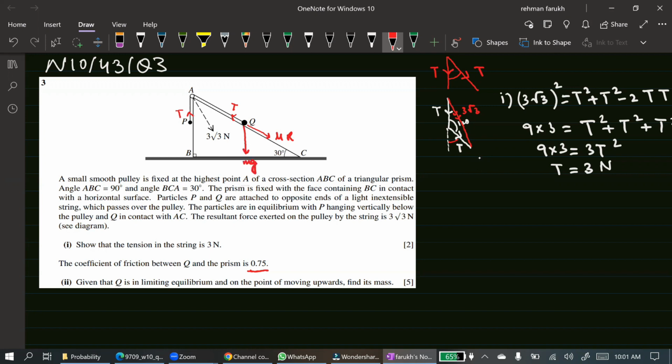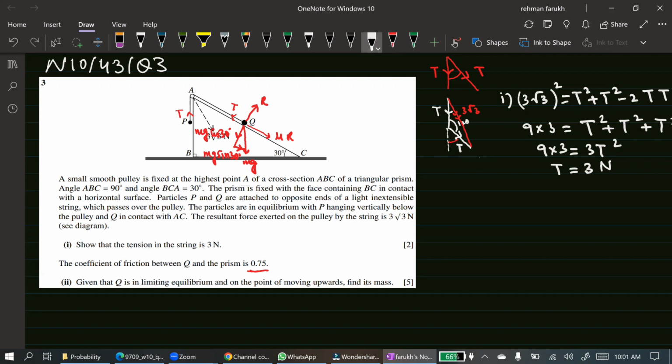This one is the weight of Q. These are the components of weight. The component along the plane is mg sine 30. And this component is mg cos 30. This one is the normal reaction R.